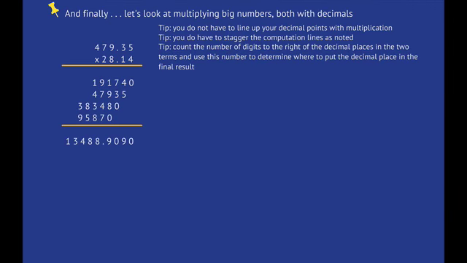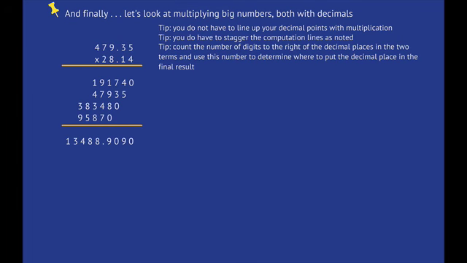And finally, let's look at multiplying big numbers, both with decimals. You do not have to line up your decimal points with multiplication. You do have to stagger the computation lines as noted. Count the number of digits to the right of the decimal places in the two terms and use this number to determine where to put the decimal place in the final result.